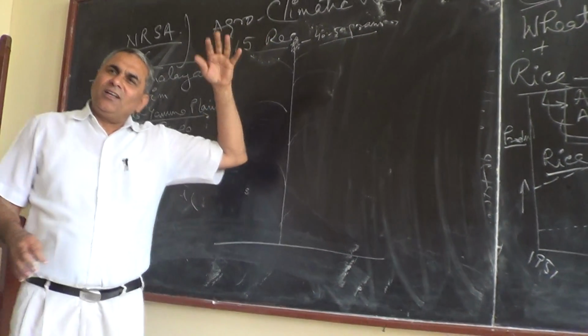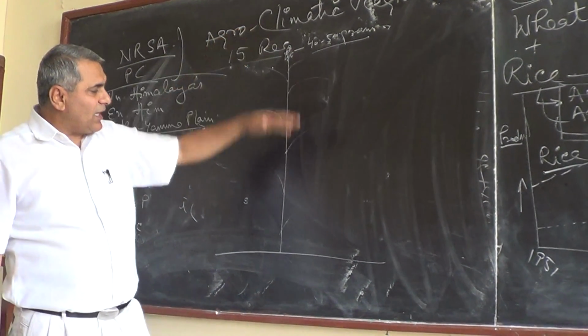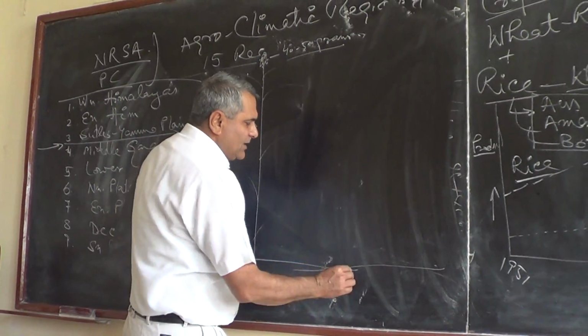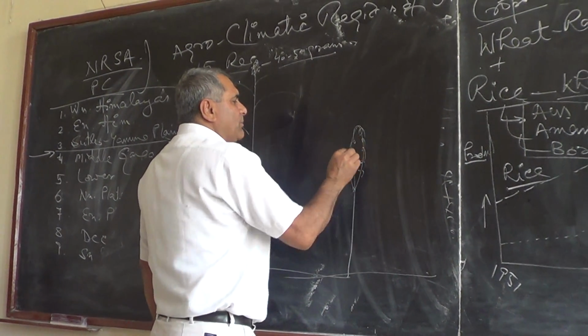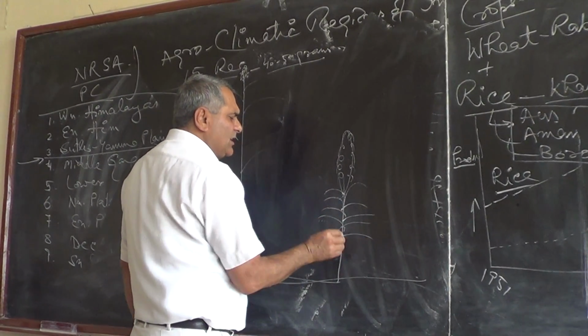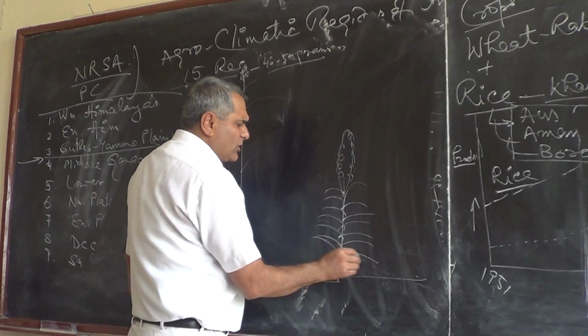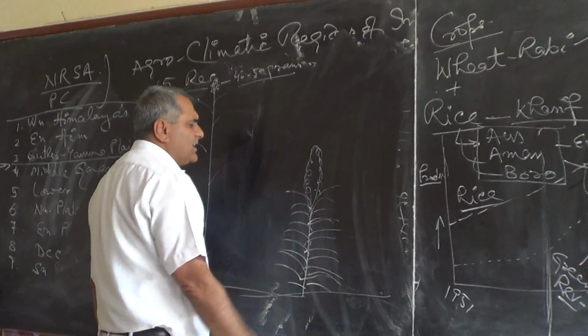But what happened in the lab? Basically, they reduced the height of the plant, the length of the bali increased, and the number of foliage was increased to increase the chlorophyll content. So this foliage has increased.